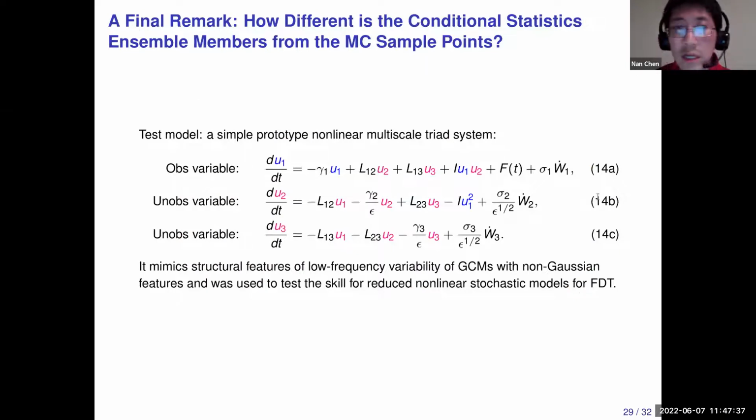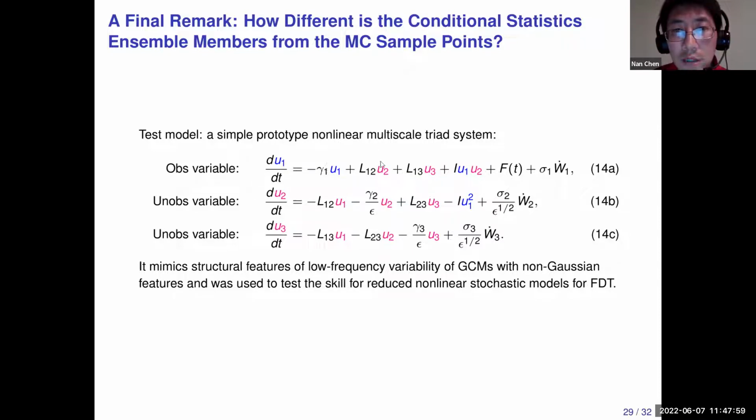So finally, I think I still have some time. I want to give a final remark, which is how different these conditional statistical ensemble members are from the Monte Carlo simulations. And here I use an even simpler prototype nonlinear multiscale triad model, and will treat the first variable as the observed variable.